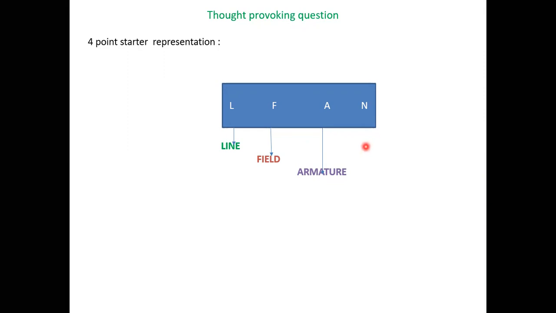N is neutral. My question here is, this 3-point starter or 4-point starter or 2-point starter is generally used for DC motor applications. But when you consider the DC motor, the DC system, it has only 2 terminals. What are those?